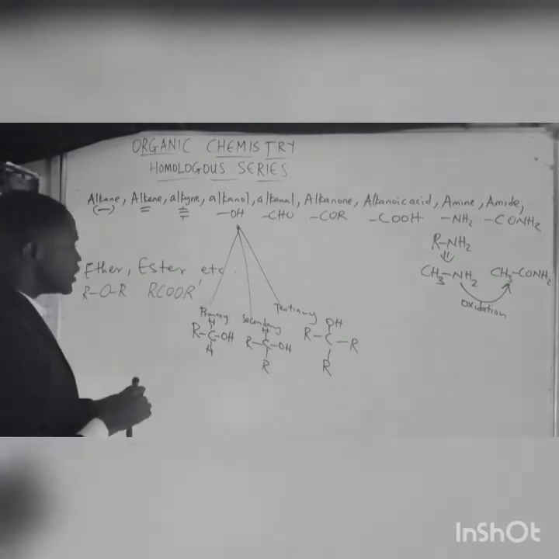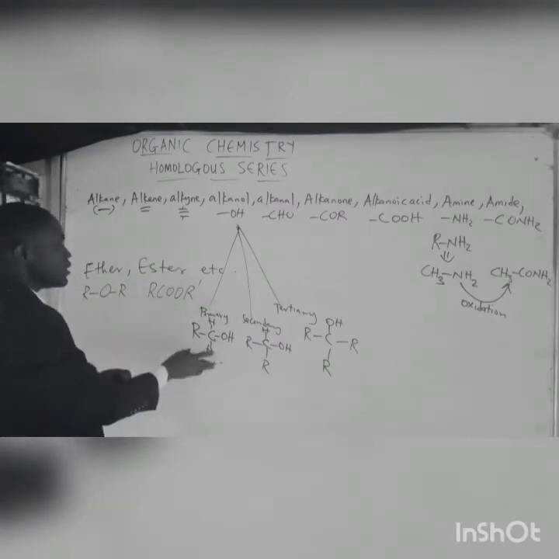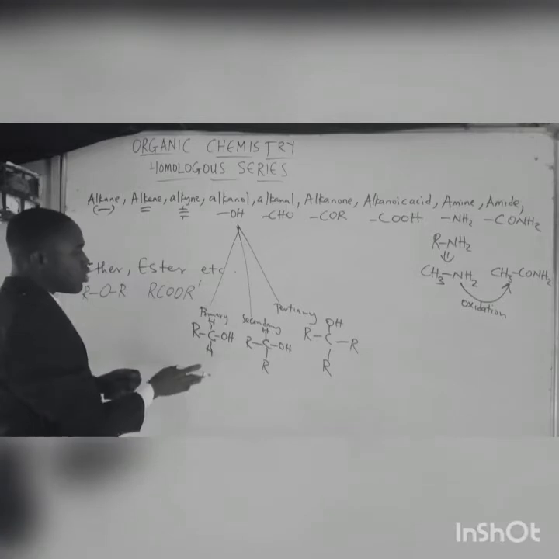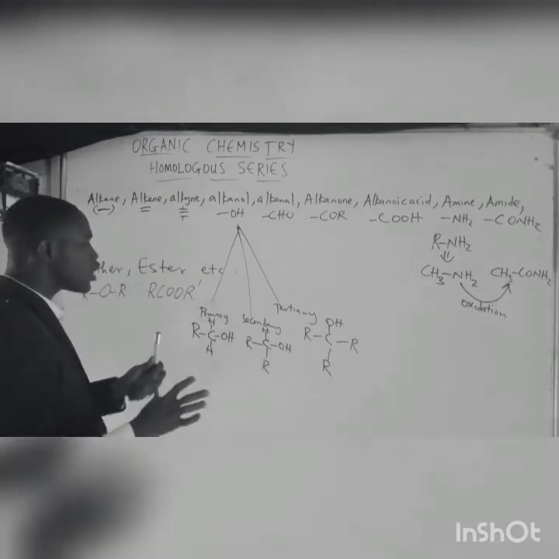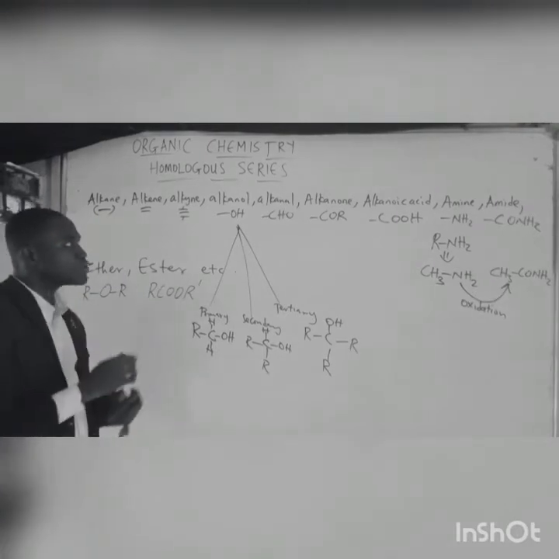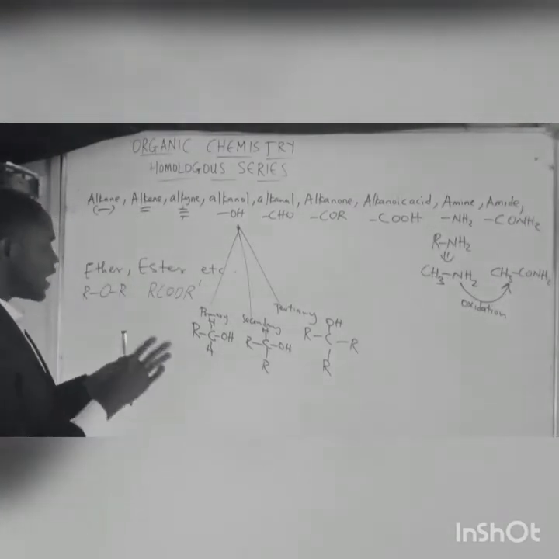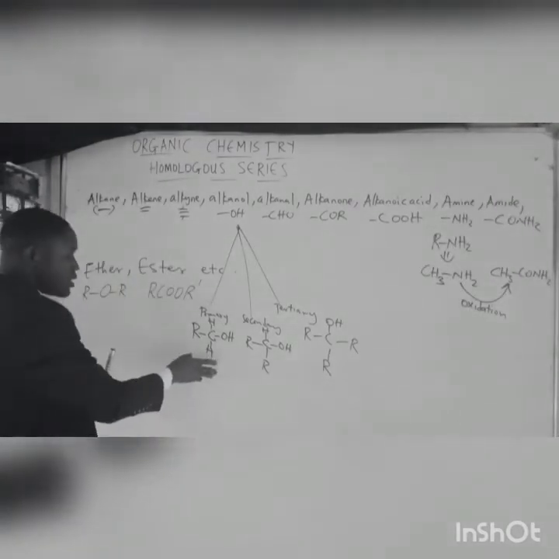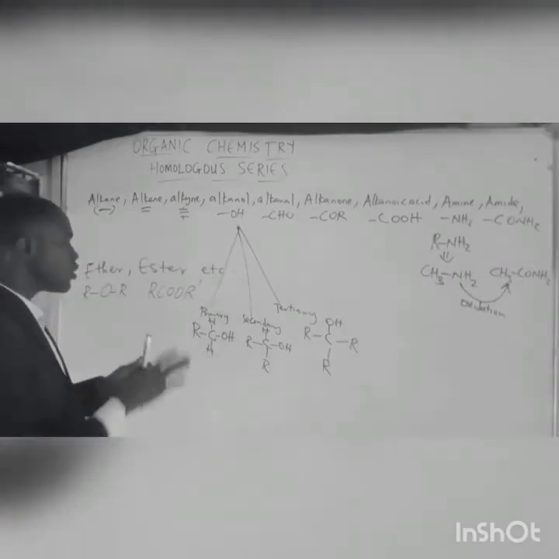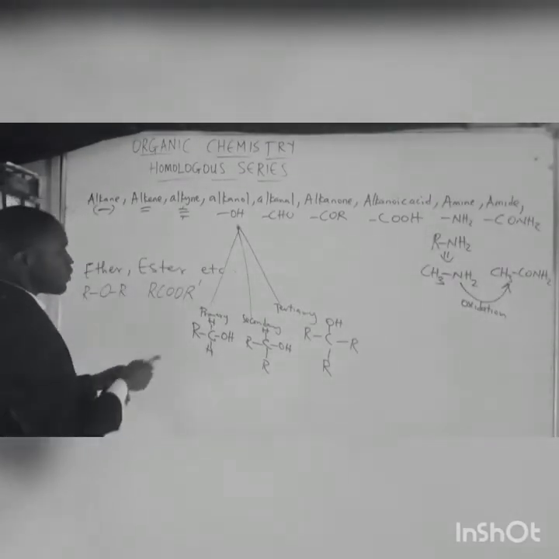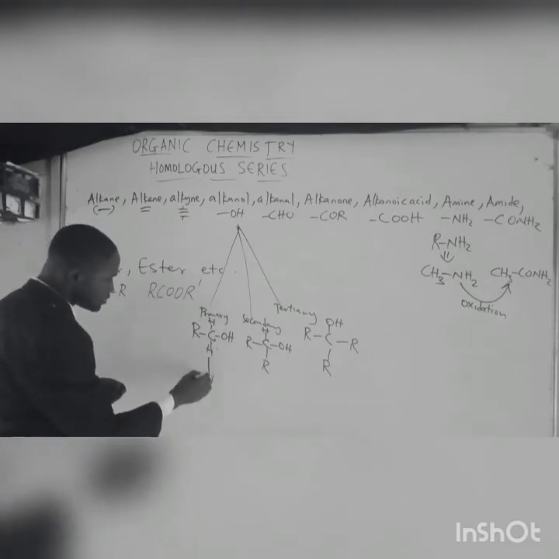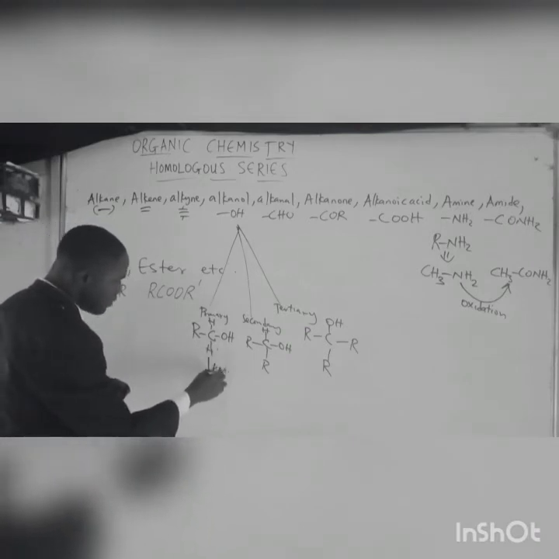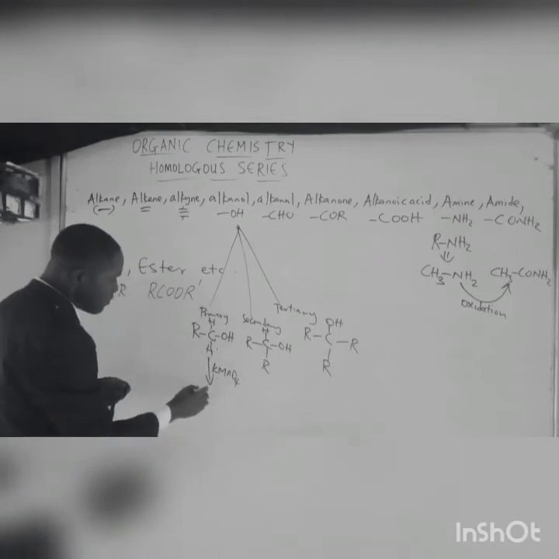Now, it is noted that when this primary alkanol oxidizes in the presence of a strong oxidizing agent such as potassium tetraoxomanganate 7, KMnO4, it will give you alkanal.